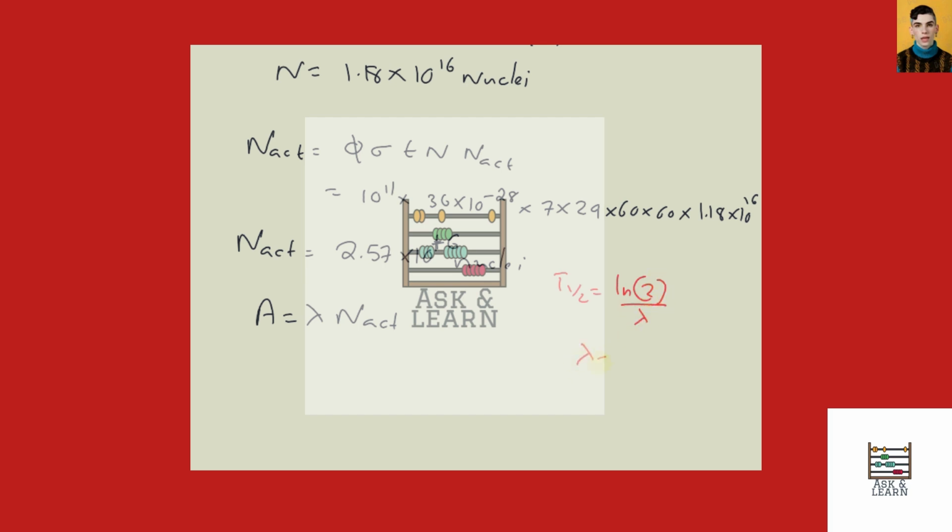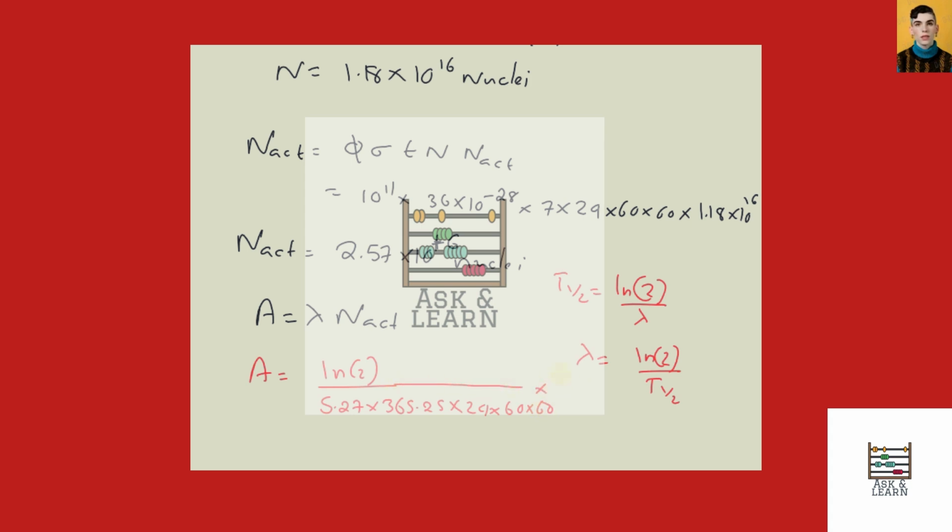So lambda will be equal to log 2 by T half. So T half for cobalt 60 is 5.27 years. So A will be equal to lambda, which is log 2 by 5.27 times 365.25 times 24 times 60 times 60, right, times N act.